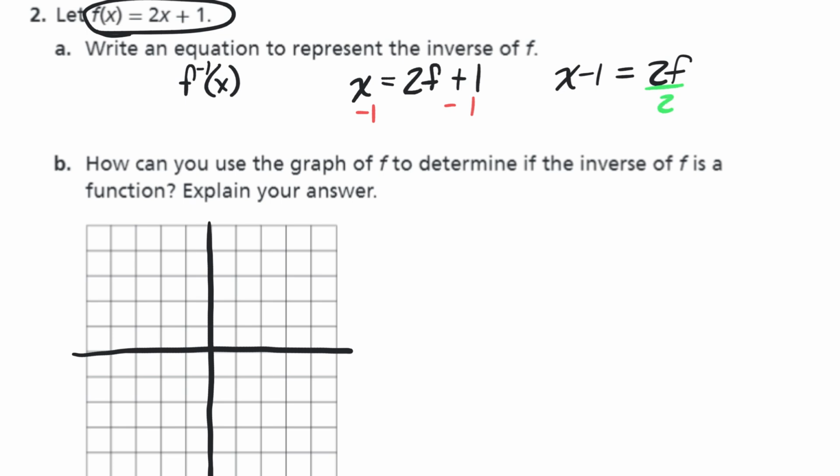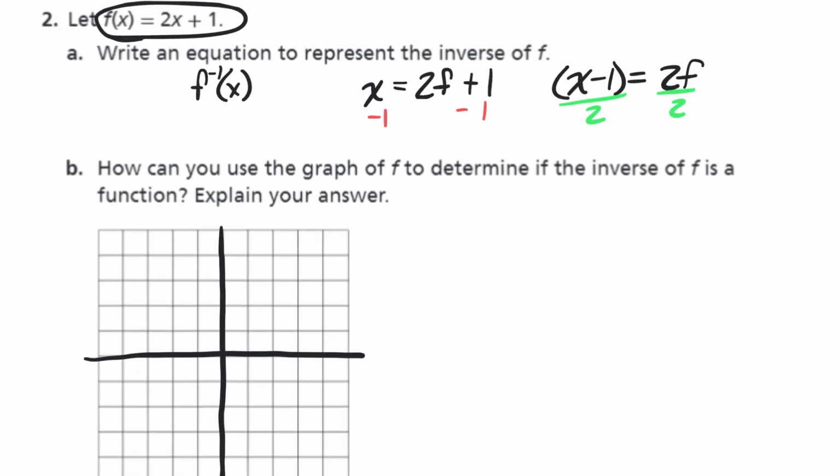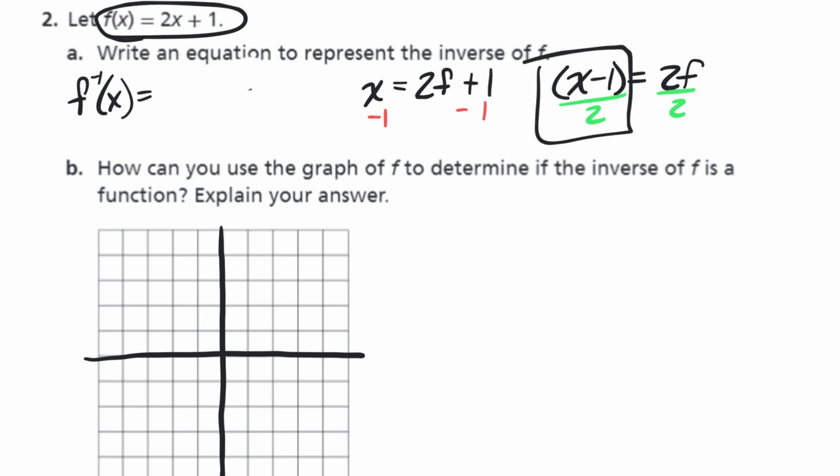It's very important you use parentheses when you're about to divide, multiply, really anything other than adding or subtracting, you should. So what we end up with is an inverse function, f of -1, is equal to what we see right here, x minus 1 divided by 2.